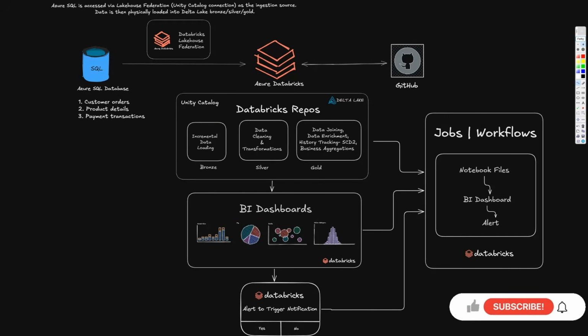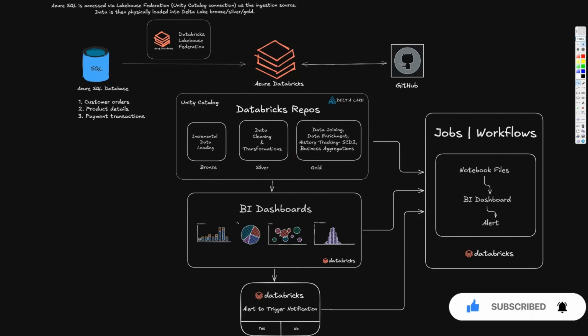Okay, then our complete raw data was in the bronze layer. Afterwards, we performed data cleaning and transformation under the silver layer. Then we performed some data enrichment. Then we performed data joining. Then we implemented manual SCD2 implementation for historical tracking. Then we performed certain business aggregations, and all those things we have done under the gold layer.